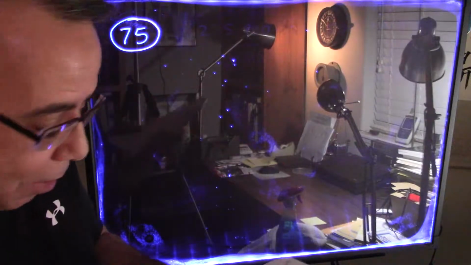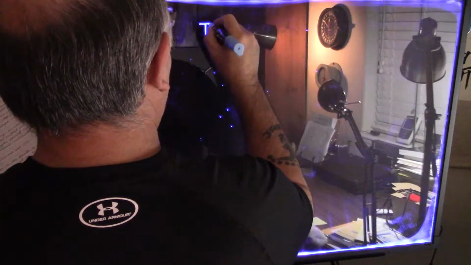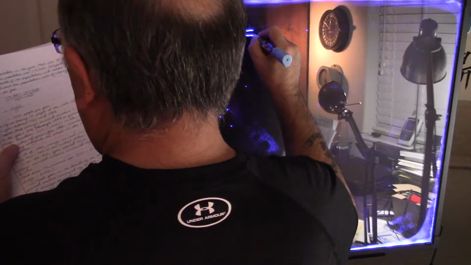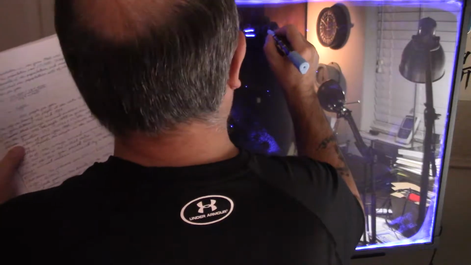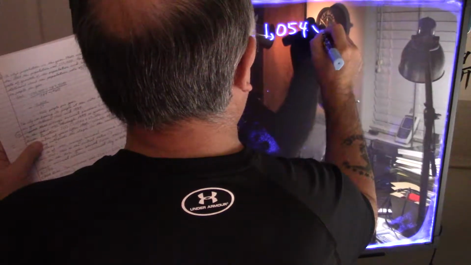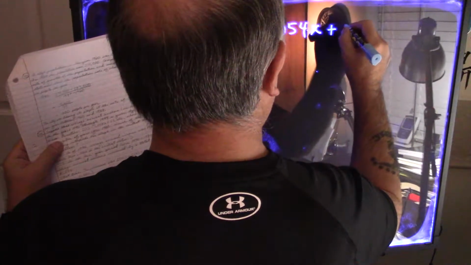Choice A: as of 1990, average annual income was 23,286. Let me write the formula down first: I of x is 1054x plus 23,286.